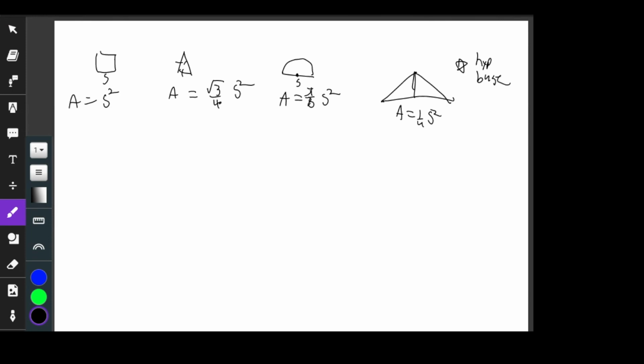For a rectangle, the area is equal to S times n times its base. So if this is B, how many n times is B greater than S? So S times n times S, which is basically S squared n.